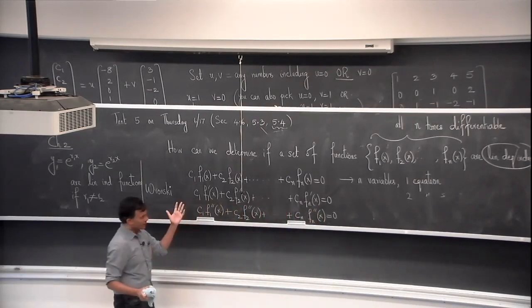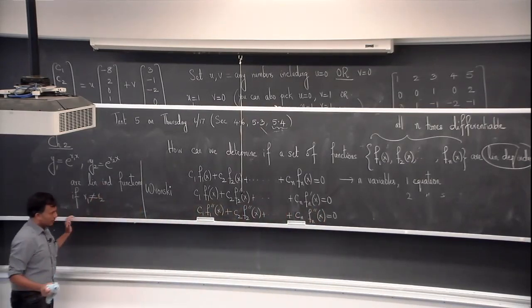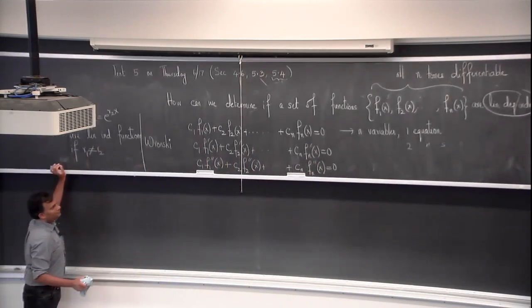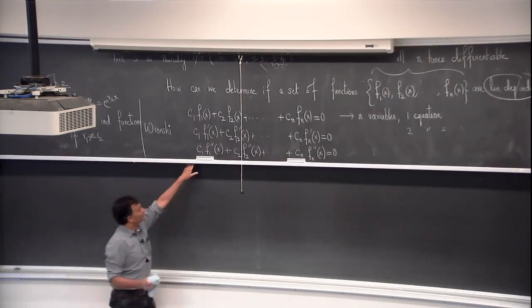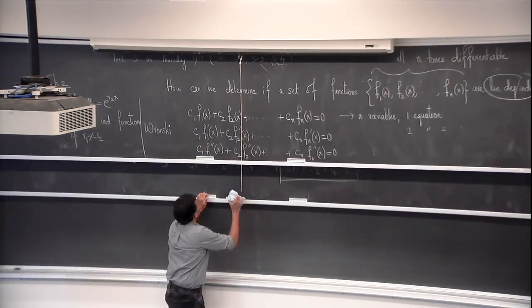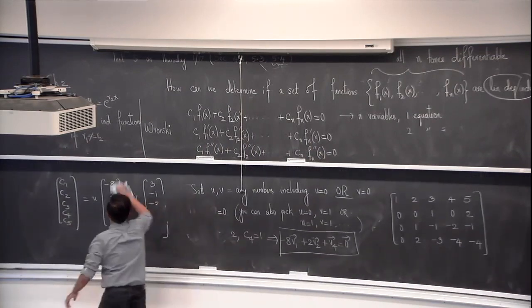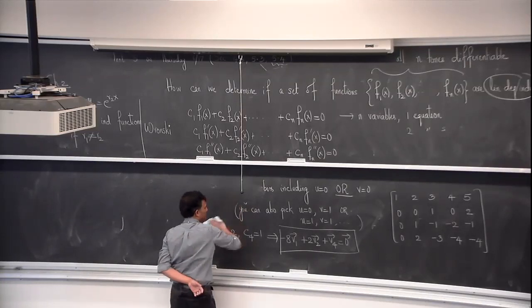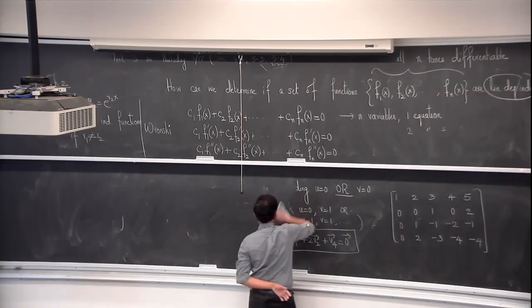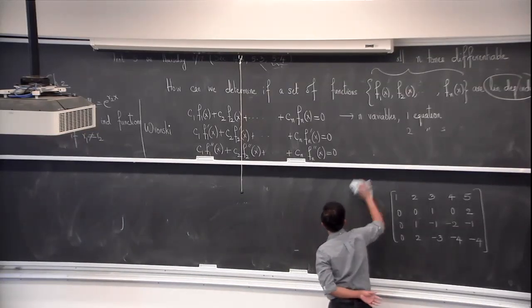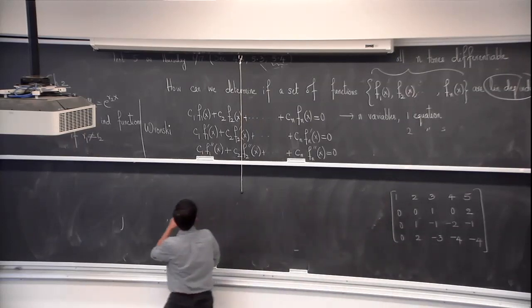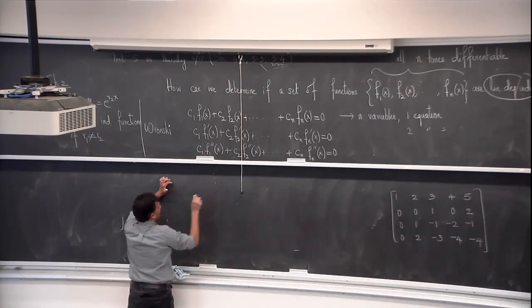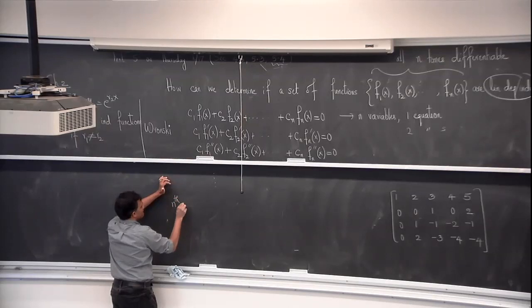That's a third equation, and so on. We need an nth equation at the end so that we have a full solvable system. So keep on taking derivatives.